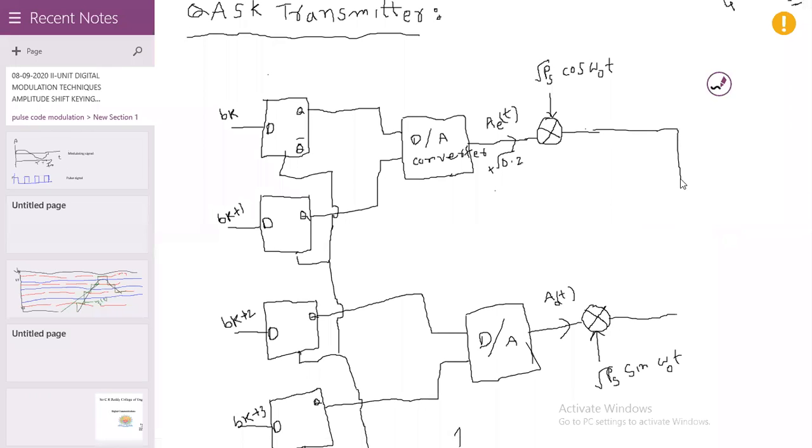Then what is the next block? What is the output of these balanced modulators or multipliers?